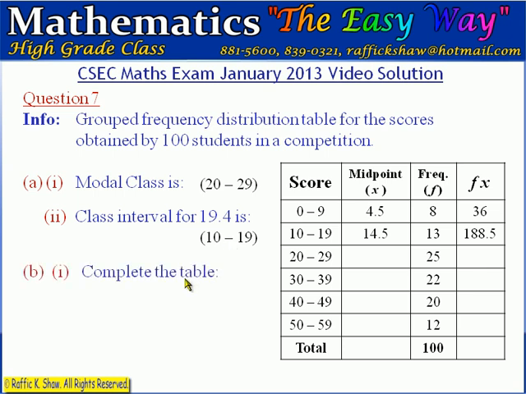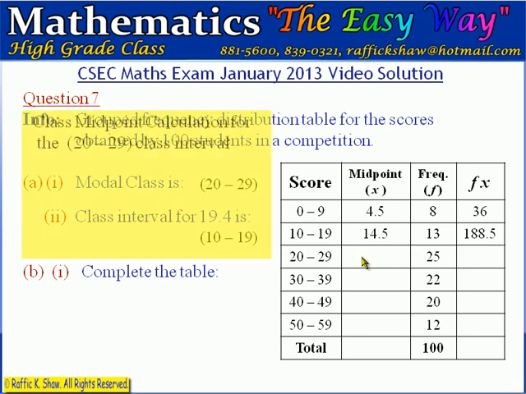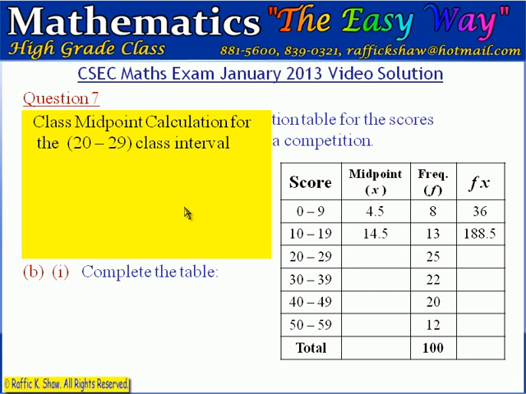Part 3 wants us to complete the table, and therefore we need to complete this midpoint column and also complete this fx, f multiplied by x column. Now, just to show how the calculation is done for midpoint, the definition for calculating the midpoint, for example, in the 20 to 29 group, would be to take the average of the boundary values.